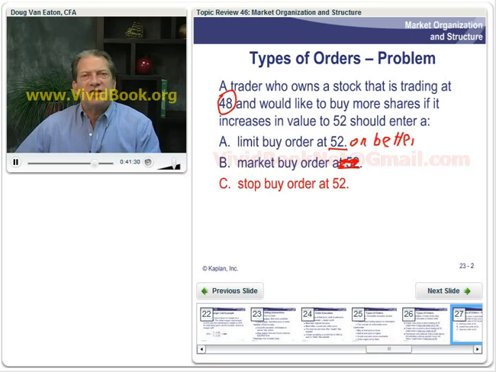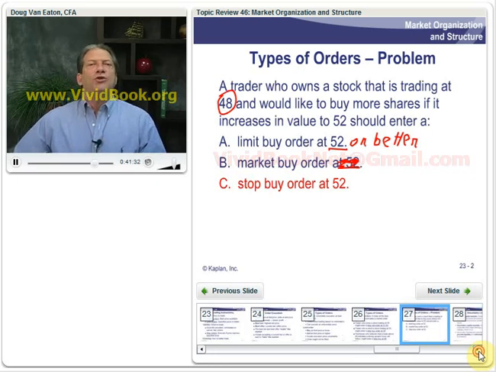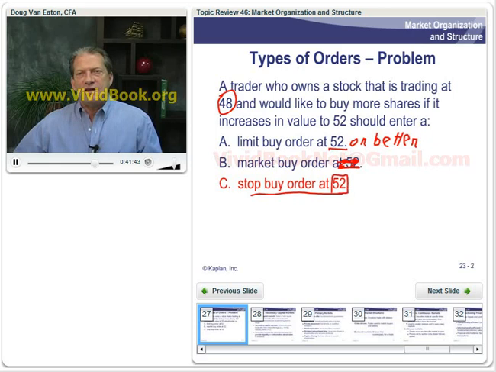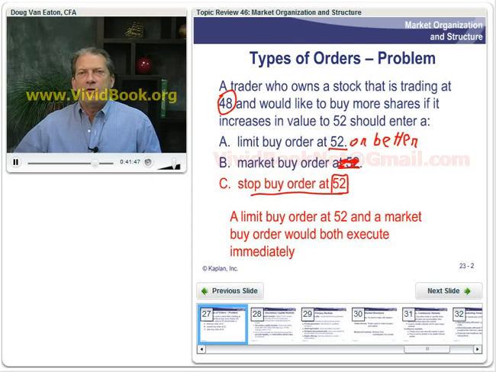That would execute immediately. You'd end up buying more shares at 48 right now. It's the stop buy order that says, well, this order isn't a buy order until that stock trades up to 52 and hits that trigger. So a limit buy order and a market buy order would both execute immediately. And that's not what we want. We want to buy more shares if this thing starts to go up.